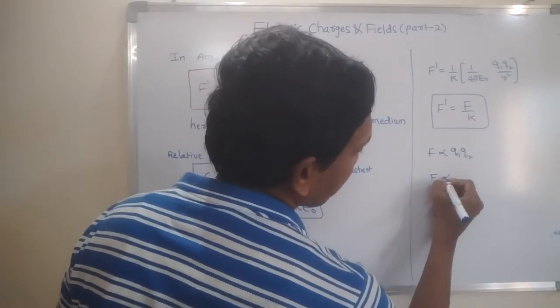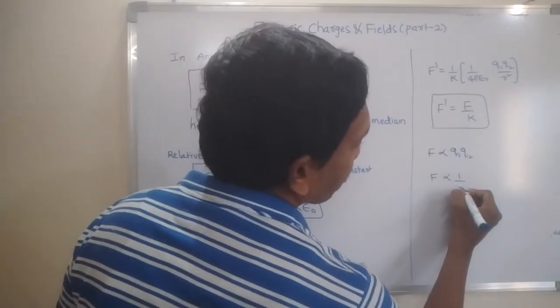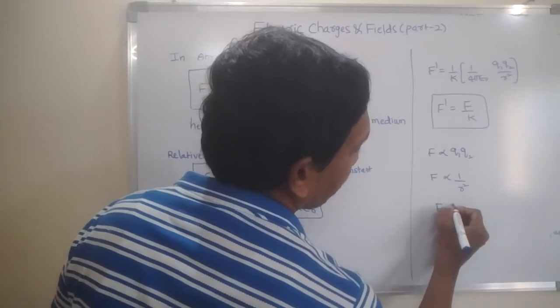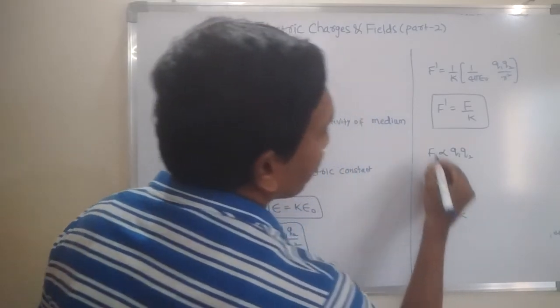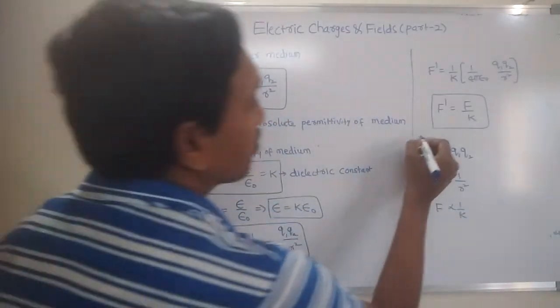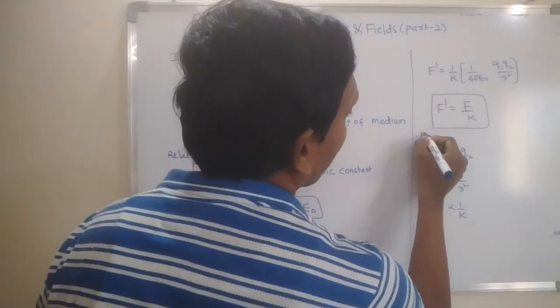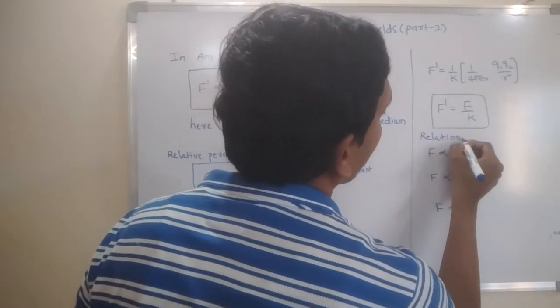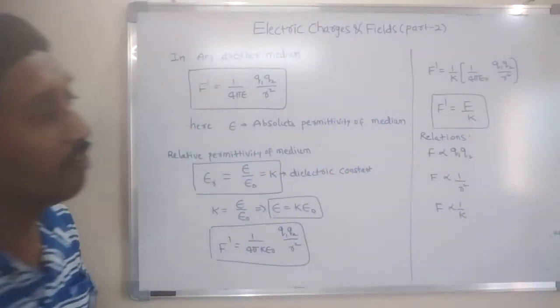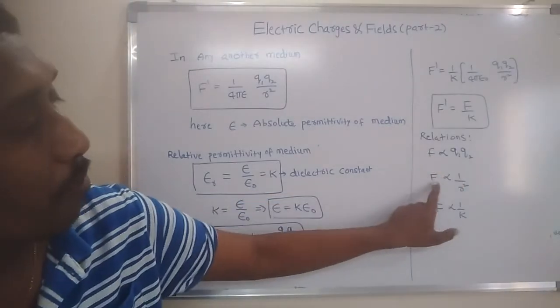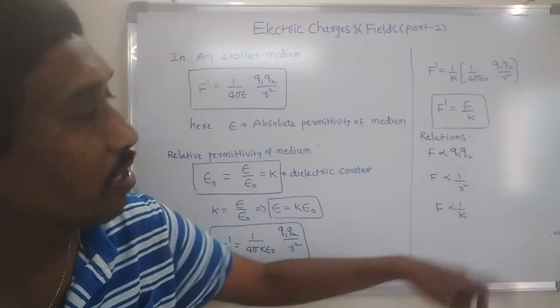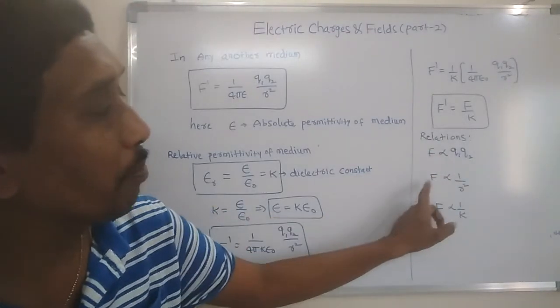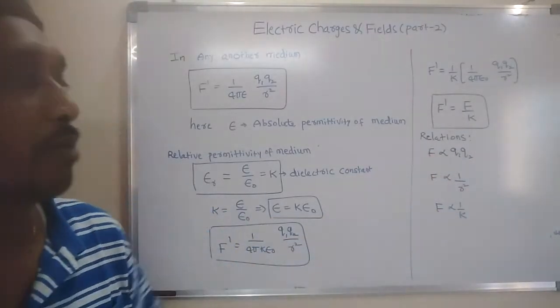One more relation: F proportional to 1 by R square, and F proportional to 1 by K. So these all are the relations for electric force in Coulomb's law. F proportional to Q1 Q2, F proportional to 1 by R square, F proportional to 1 by K. They are directly proportional, inversely proportional, inversely proportional.